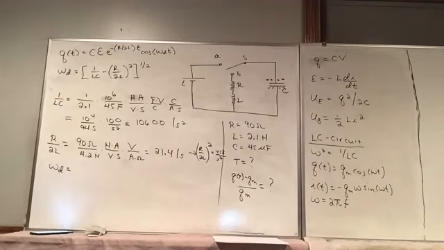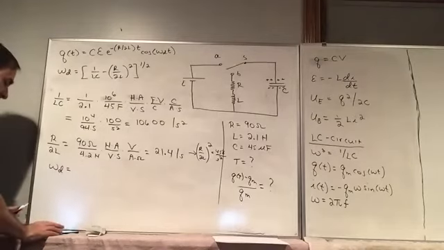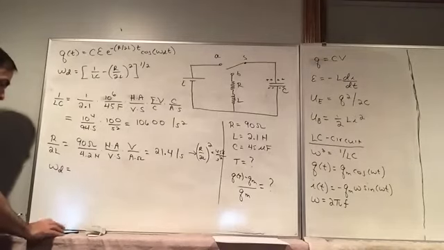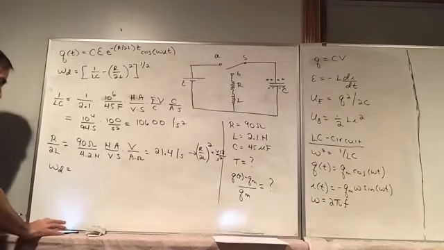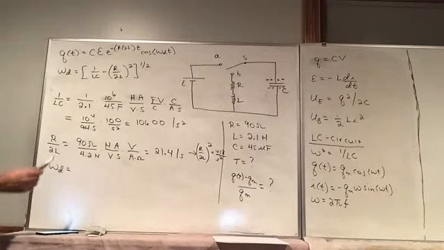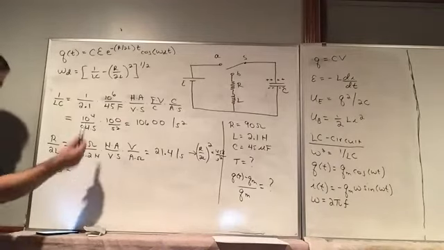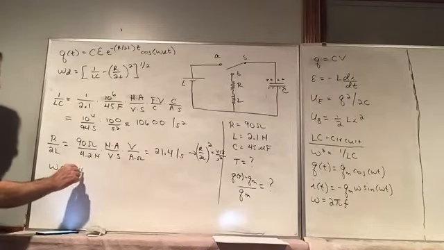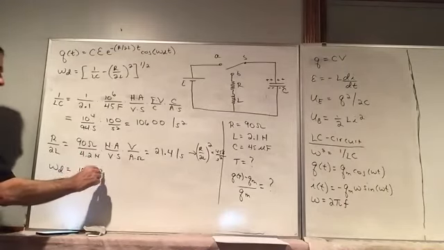But yeah, so we have 10,600 minus 458. That's 10,142. So basically, taking the square root works out to be about 101 radians per second.